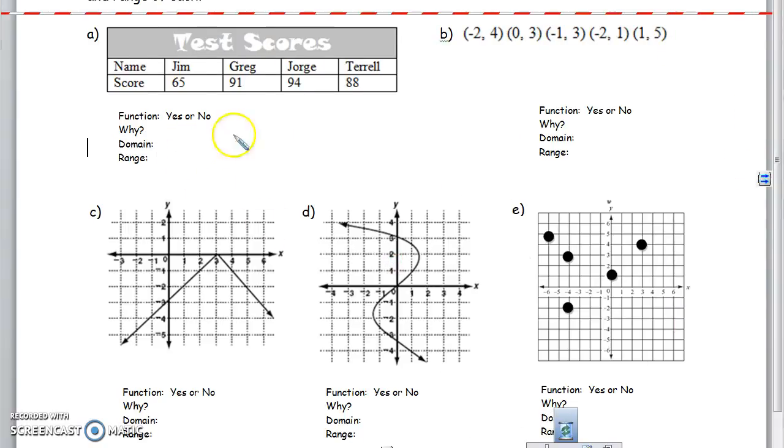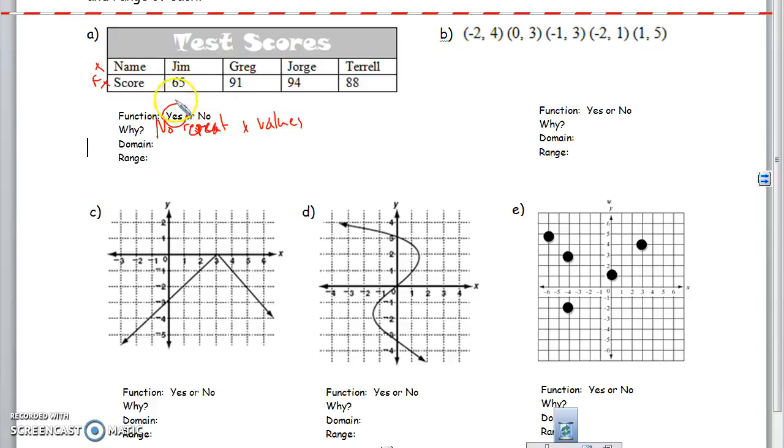Remember, it's a function if there are no repeats. So, is this a function? Let's call this x and f of x: Jim, Greg, Jorge, and Terrell. That is a function because there are no repeat x values.